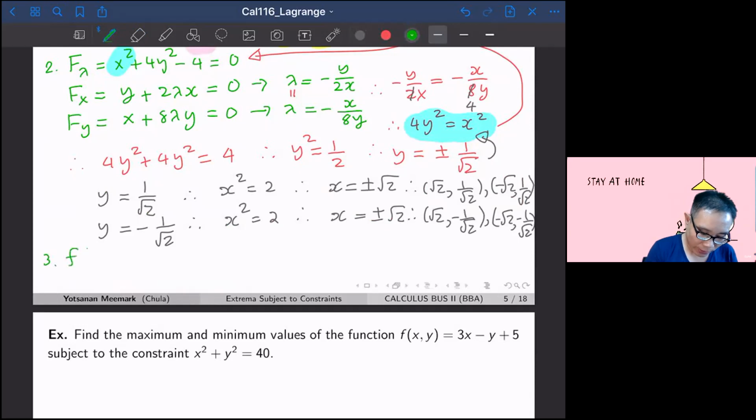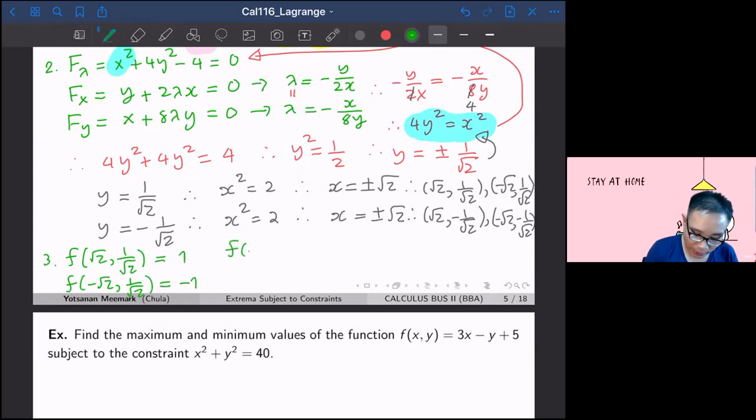compute f at each point. So it's gonna be f at root 2, 1 over root 2, and f at negative root 2, 1 over root 2, and this guy will be just 1.